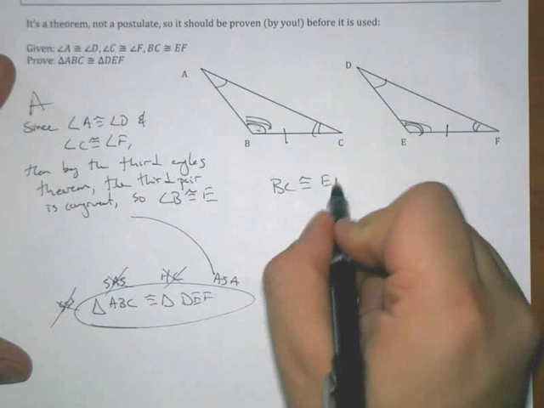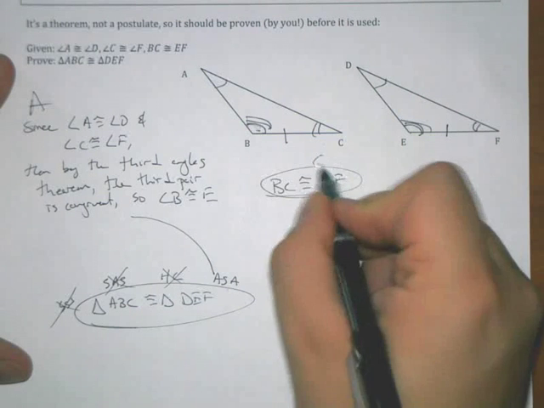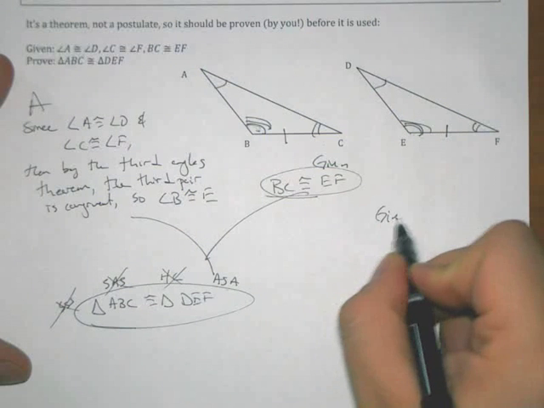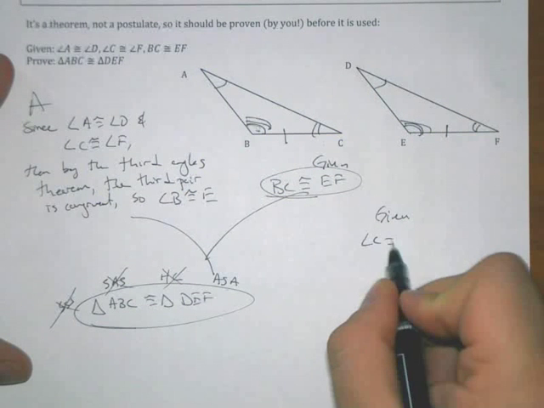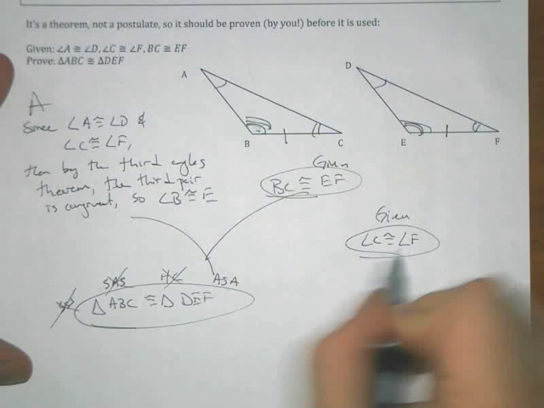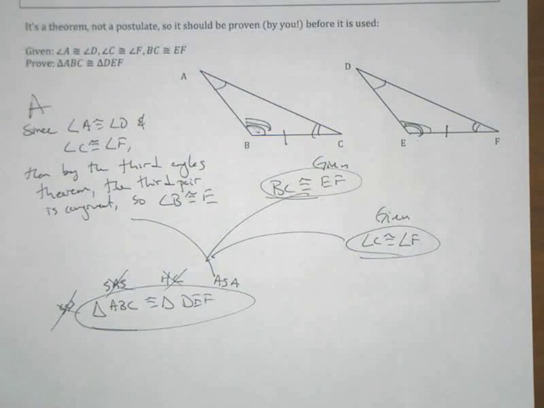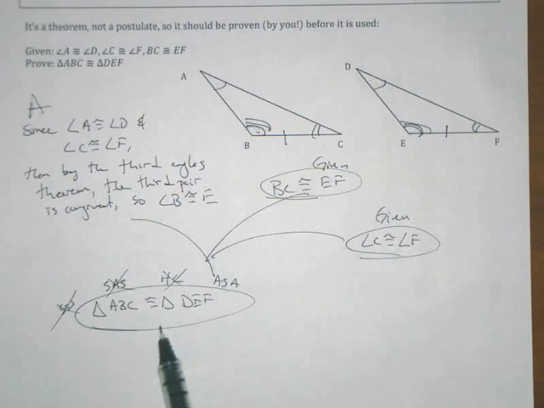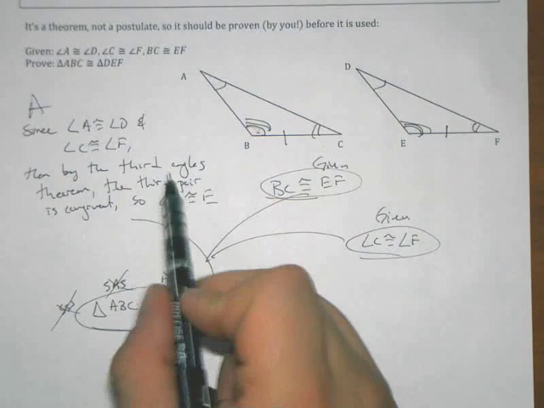I'm given BC congruent to EF. And I'm also given that angle C is congruent to angle F. So with these three things, I can show that the triangles are congruent.